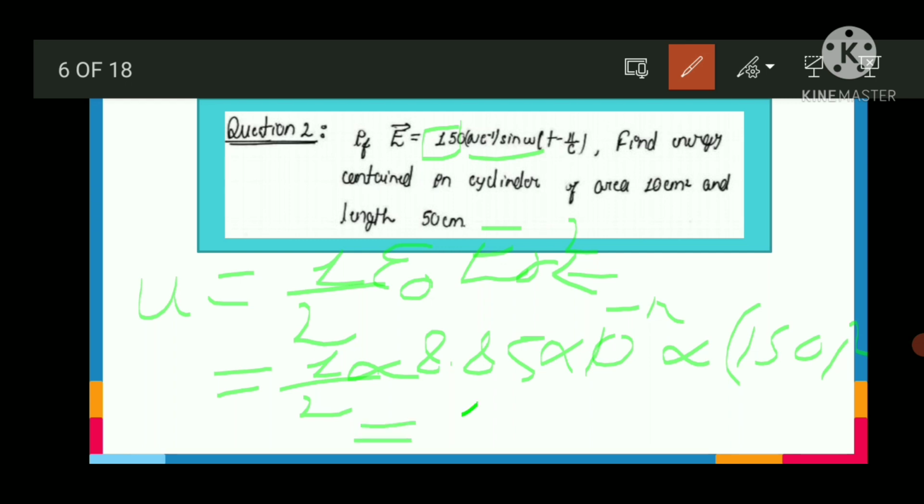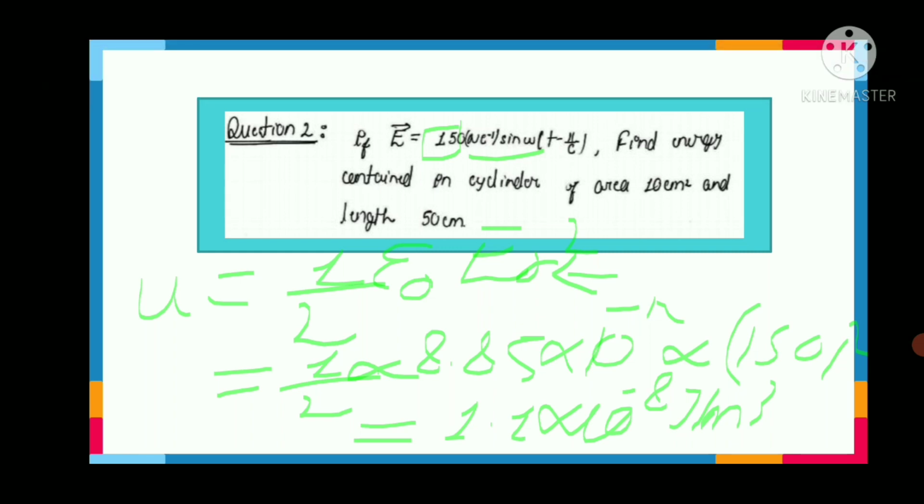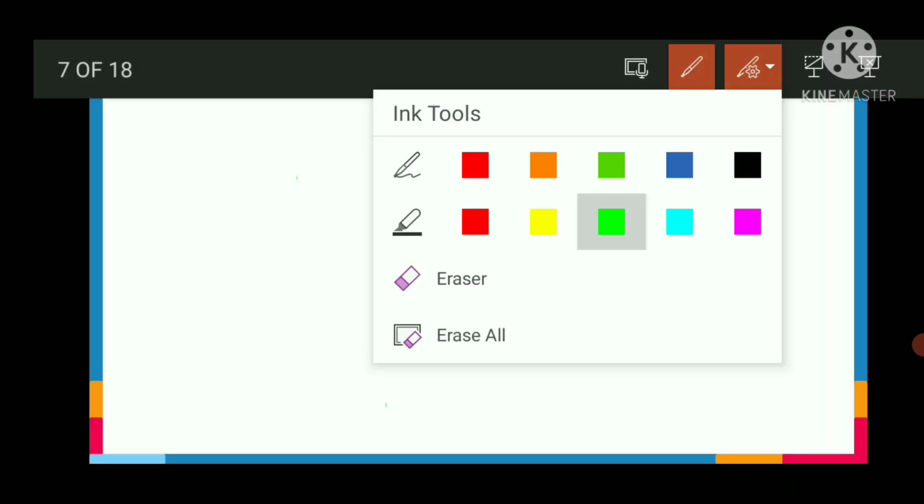Solving this, you will get 1.1 into 10 to the power minus 8 joule per meter cube. So yes friends, the unit is joule per meter cube because it is energy density, meaning energy per unit volume. So for energy we have to multiply it with volume. So friends, moving to the next slide.